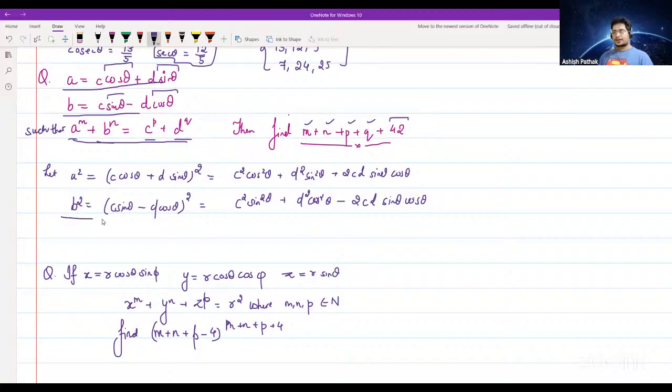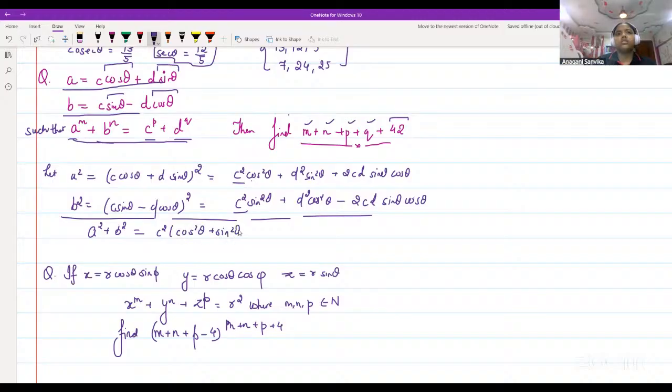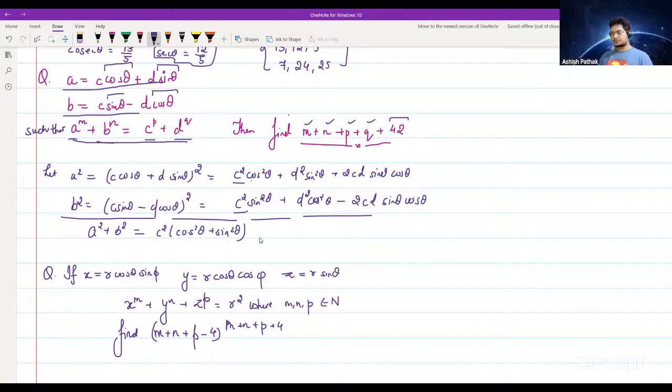Now, if I add these two values, what will you get? A square plus B square here. And from here, C square will be common. You will get C square times cos square theta plus sin square theta. Understood?